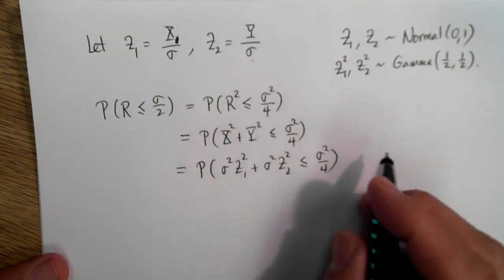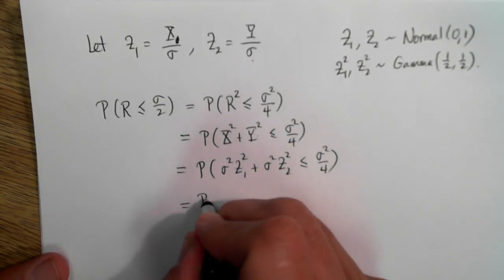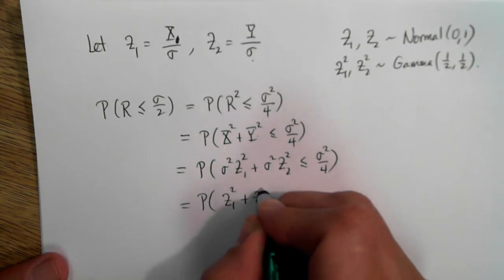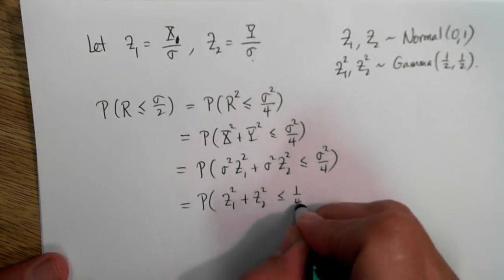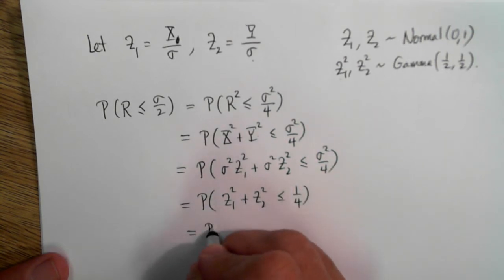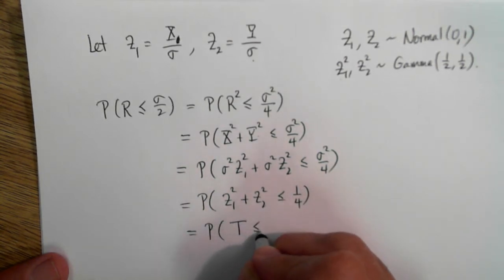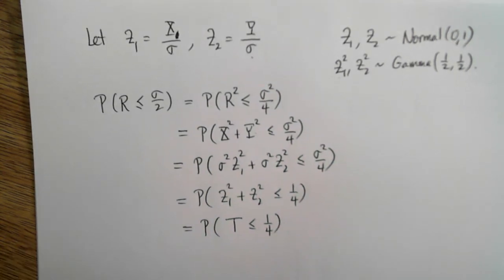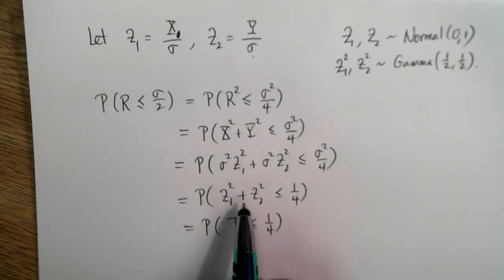And so very nicely, the sigmas cancel, and so I get the probability that z1 squared plus z2 squared is less than or equal to 1/4. Now let me just call that t. That's the sum of those two random variables, z1 squared plus z2 squared.